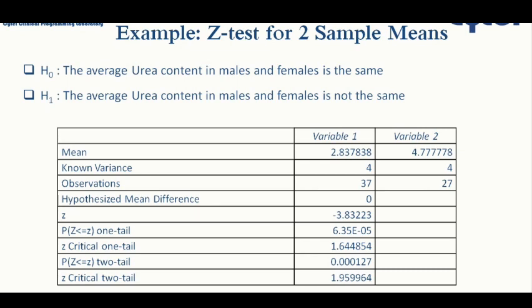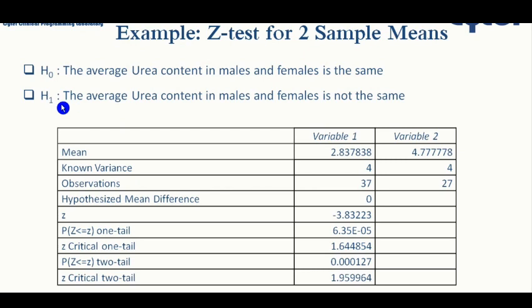I conducted this analysis using Microsoft Excel, and here is the output. The means are like this. So, this is mu T, this is mu C. So, mu T minus mu C comes out to be negative, minus 3.83223.